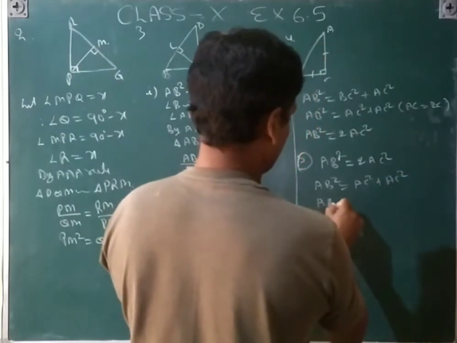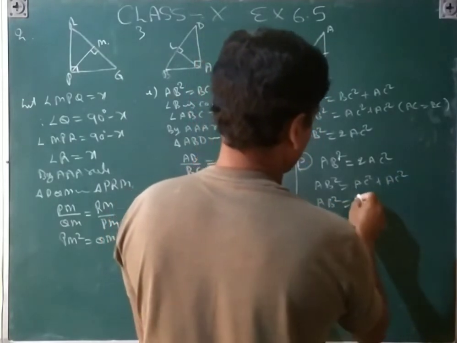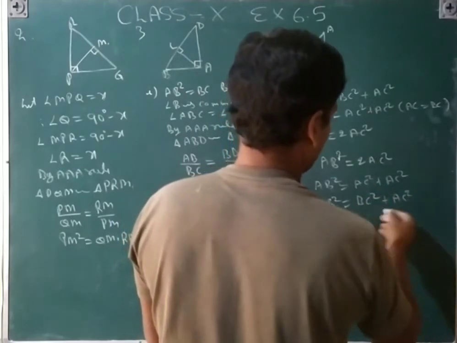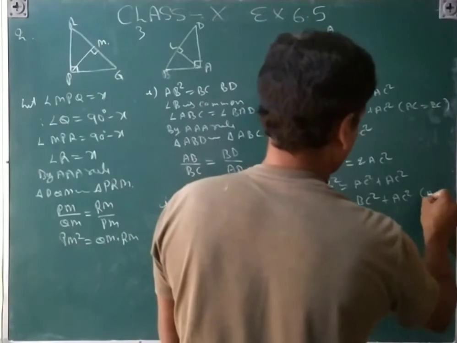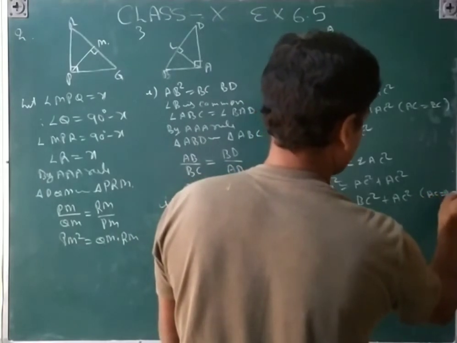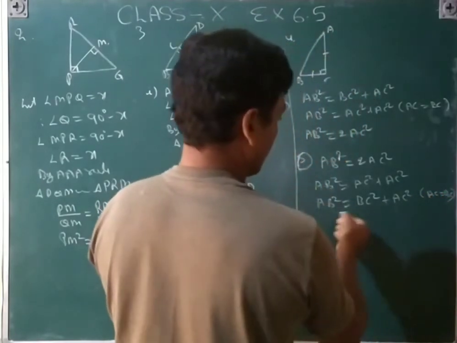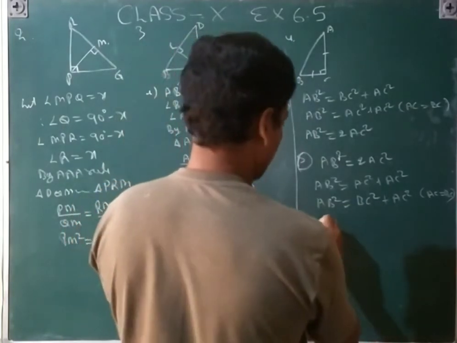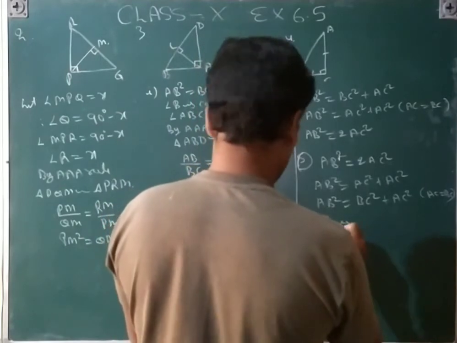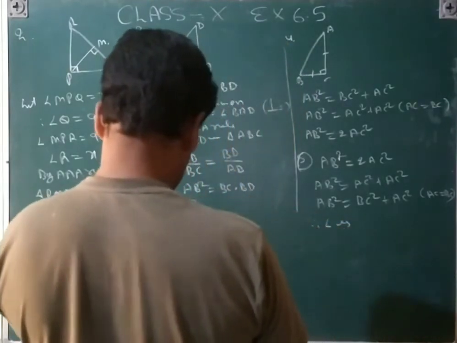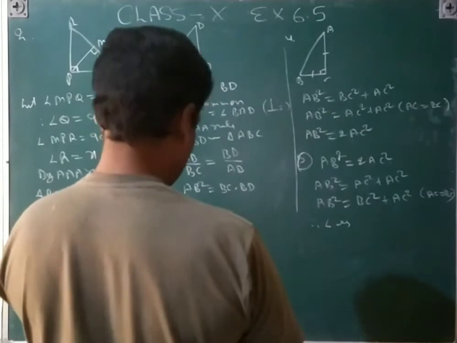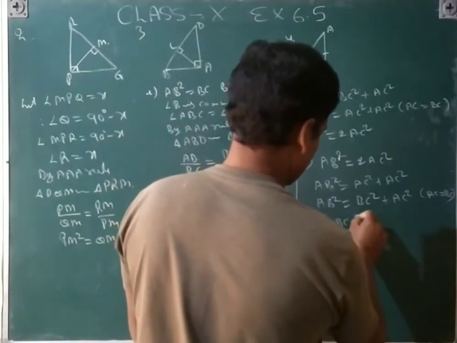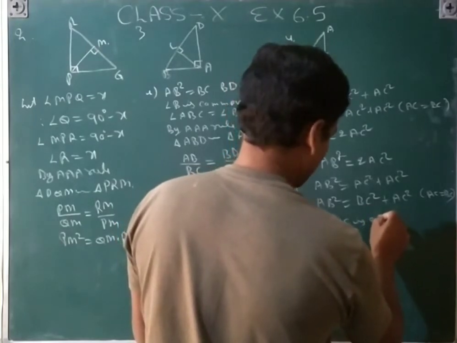Since 2 times is there, we have written 2 times. In place of AC we can write BC square, because AC is equal to BC is given. So by the Pythagoras theorem, angle C is a right angle. Proved that ABC is a right angle triangle.